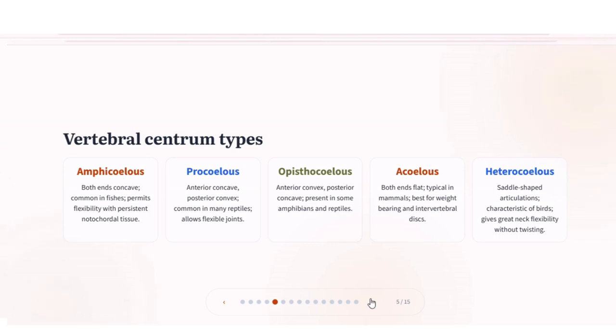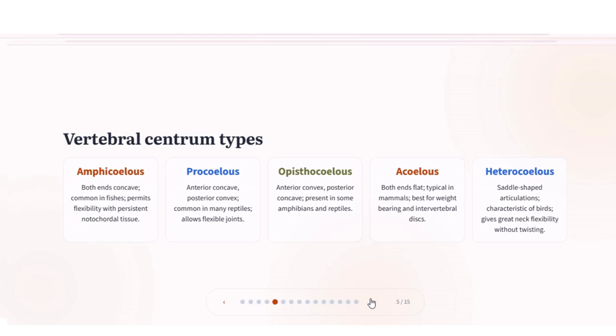Opisthocoelous type centrum is anterior convex, posterior concave. It is present in many amphibians and reptiles. Acoelous type has both ends flat, typically in mammals, best for weight bearing, and has intervertebral discs.